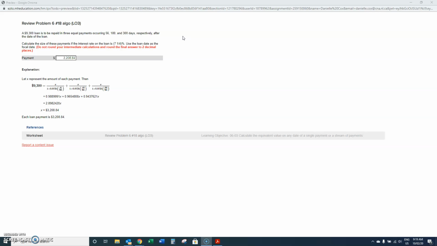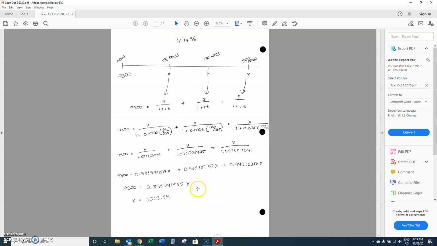A couple of things I have mentioned in the past. The very first thing you want to do is draw a timeline. I'm going to switch over here. That's the very first thing I did. You got a loan now for $9,300, and it's to be repaid in 3 payments, 56 days, 180 days, and 300 days, with a rate of 7.25%.